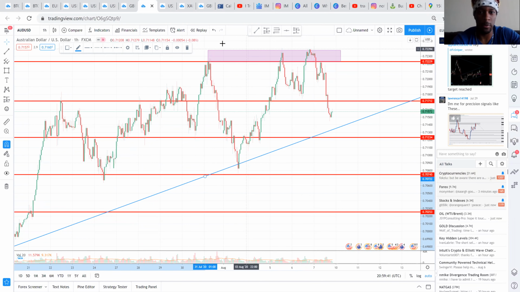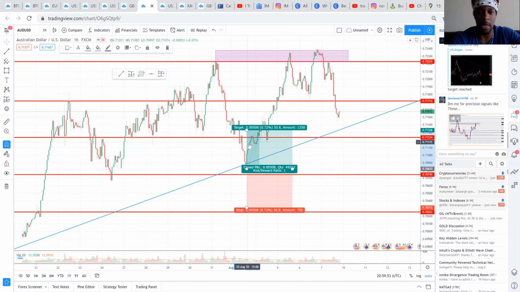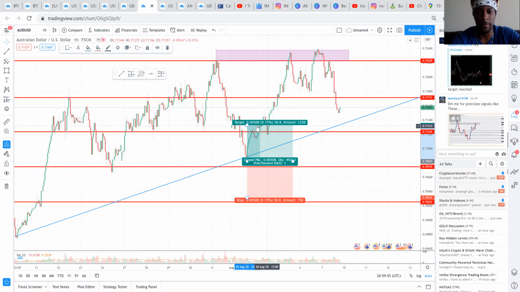So I would have bought from this zone here, aiming for, let's say right now it's like 50 pips. I'll just aim to this area of resistance.